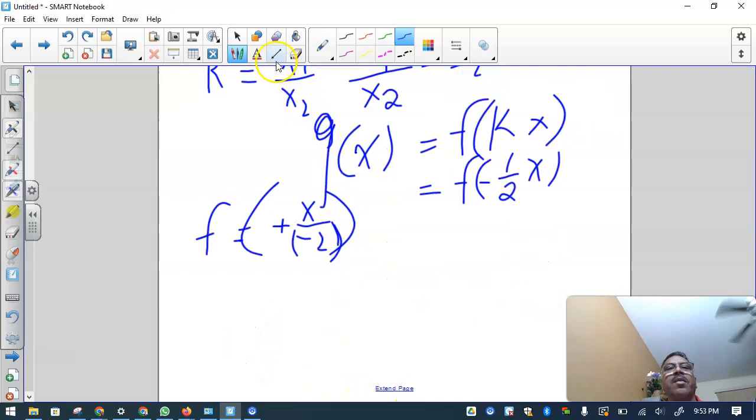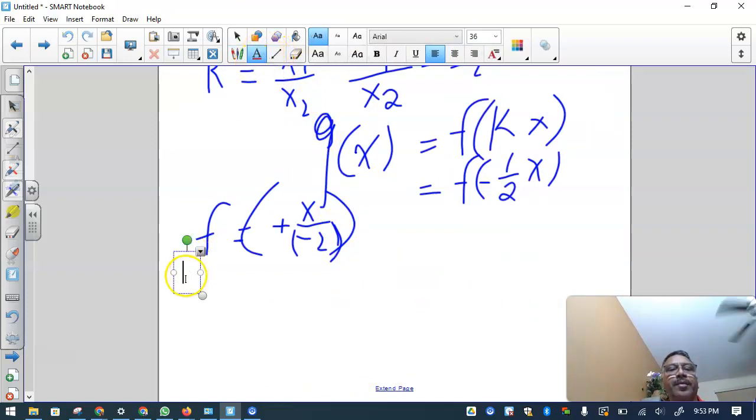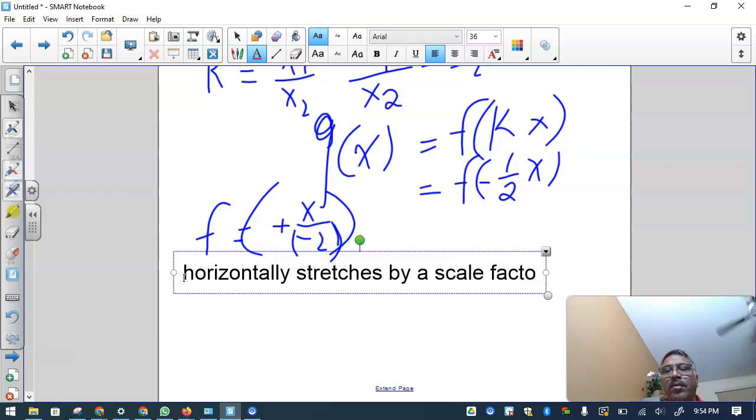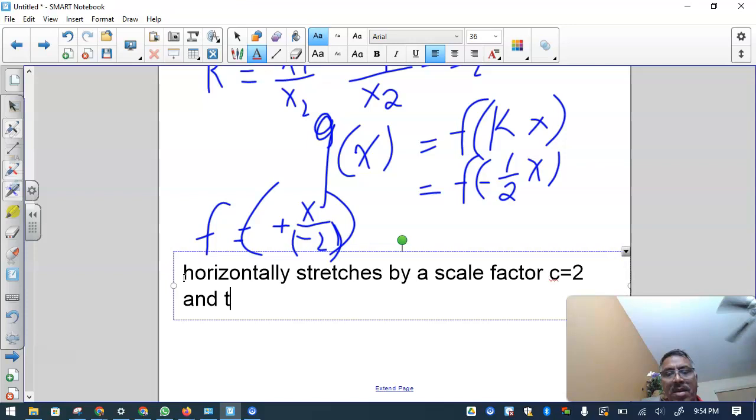What that basically means is, horizontally, the vector c, which is minus 2, but because of the minus, it means it stretches by a scale factor of 2, and then reflects over the y-axis.